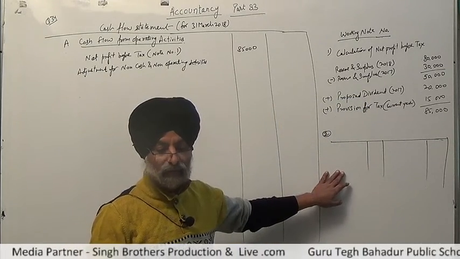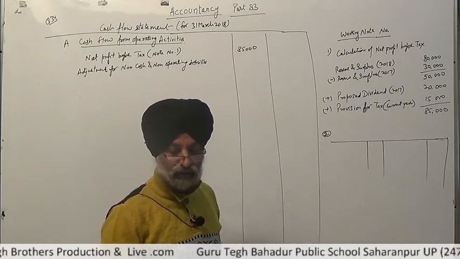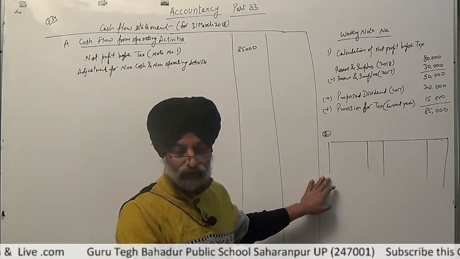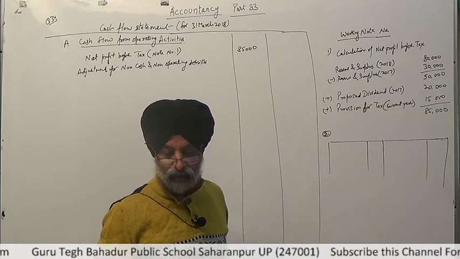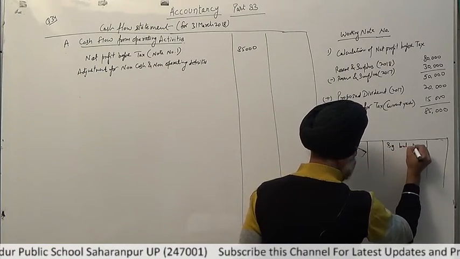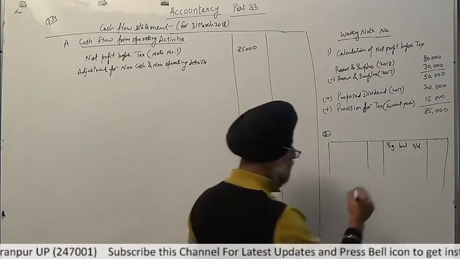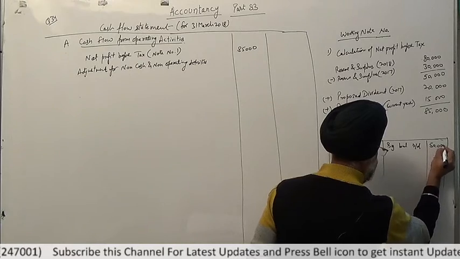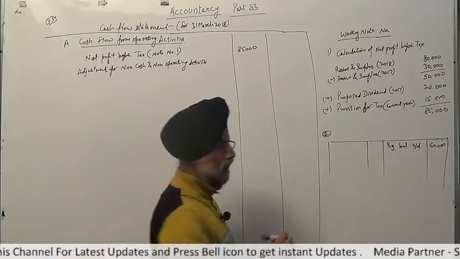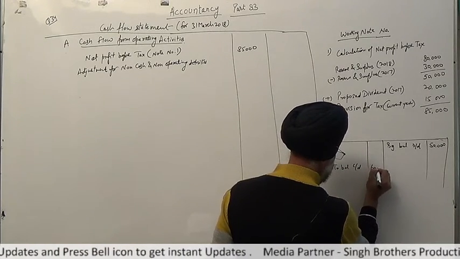First of all, balance brought down. By balance, we will take the 2017 balance in this, 50,000 rupees. And the closing balance is given as 60,000 rupees. To balance carry down 60,000 rupees.